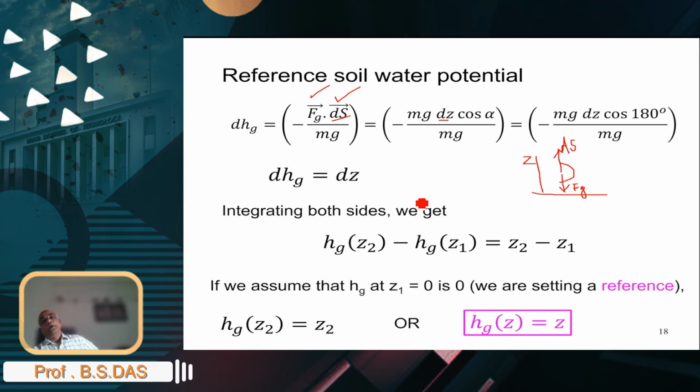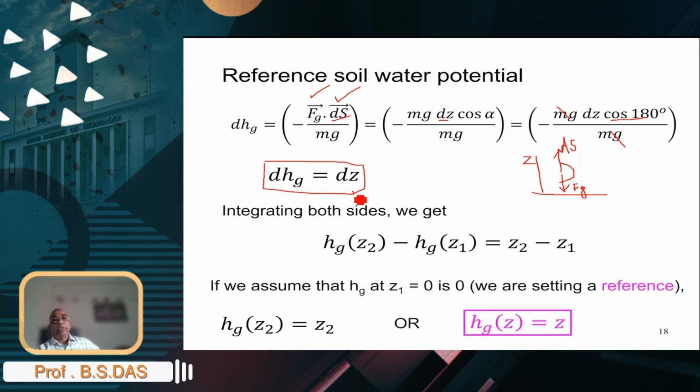Because this angle is 180 degrees, the cosine of 180 degrees is -1, and so this -1 and -1 becomes +1. The mg and mg cancel out, so you have this expression, dhg is equal to dz.